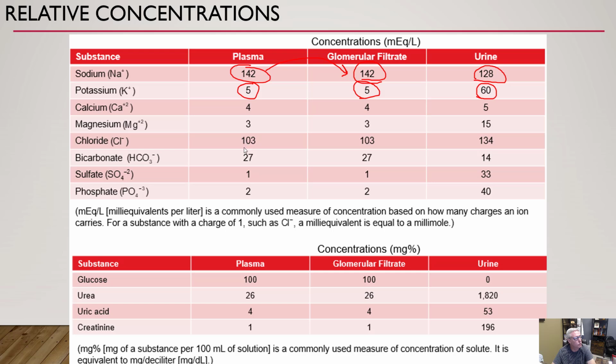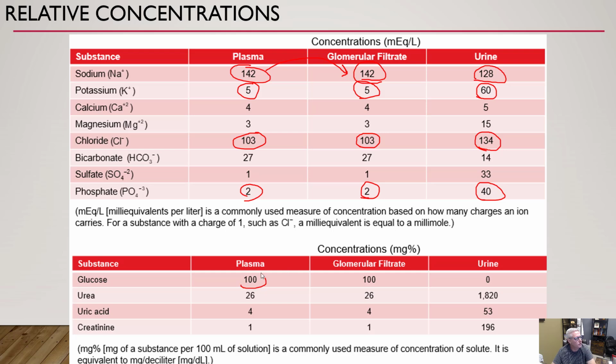What's another one? Chloride: all of your chloride is going to get filtered out in the glomerulus, and then even more chloride is going to get secreted. Phosphate is the same way. All of it's going to get filtered out, and even more is going to be secreted.